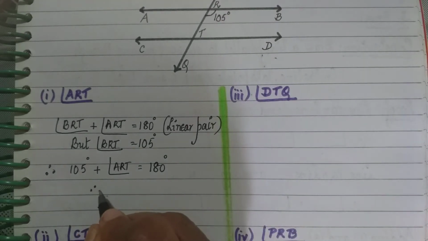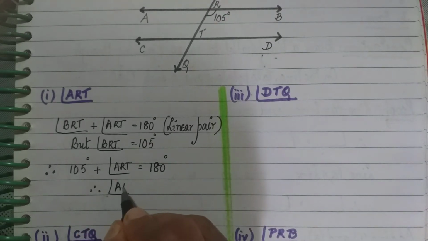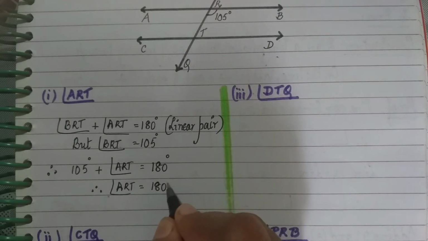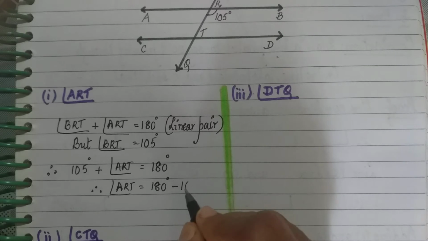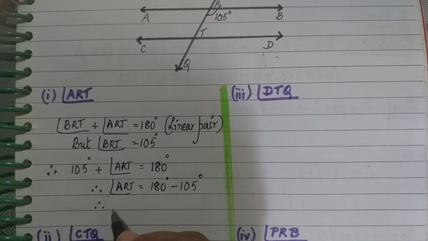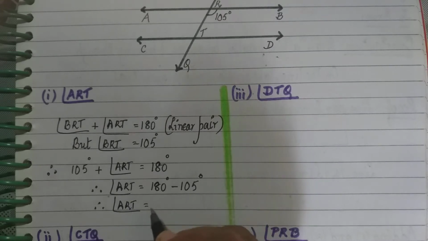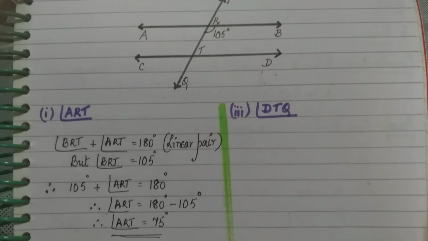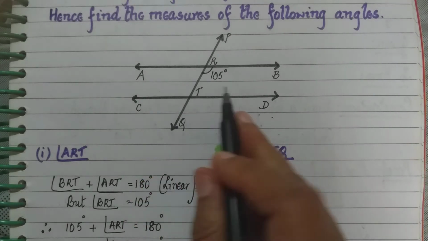Therefore, angle ART is equal to 180 degrees minus 105 degrees. Therefore, angle ART is equal to 75 degrees. So we have found the first angle, that is angle ART.